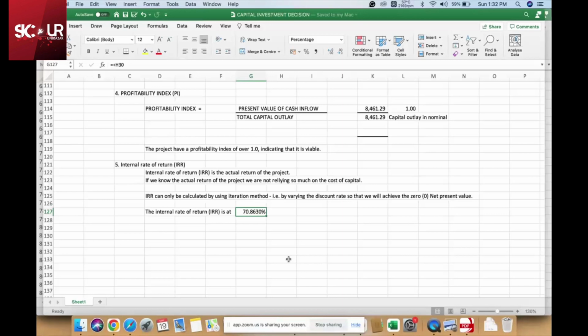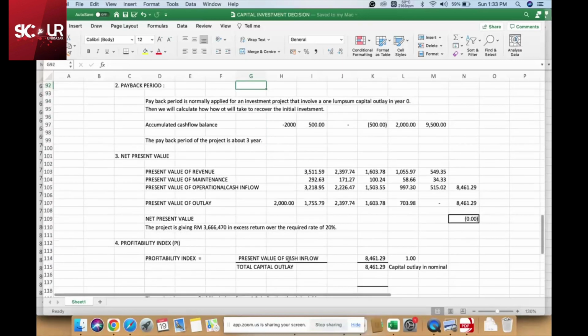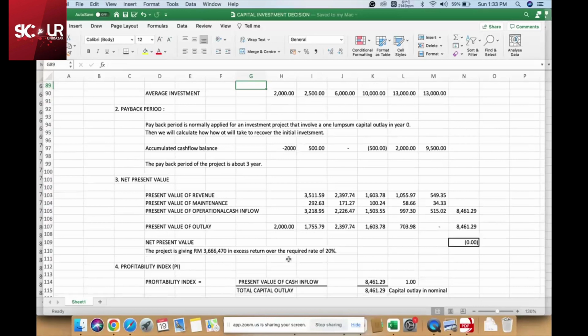Overall, when we see this 70%, it means this is a very, very good project. But like I told you, the reason it is such a good project is because we can delay the capital outlay. We can delay our investment, just like building that submarine.